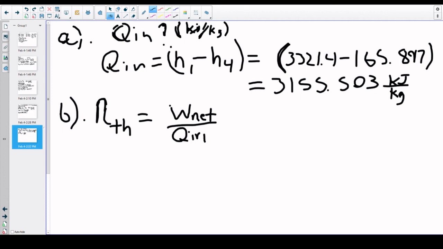The net work of the cycle is the work of the turbine minus the work of the pump, divided by the heat we had to add in. So what you want over what you had to put in, which in this case is H1 minus H2 minus the quantity H4 minus H3, divided by our 3155.5 kilojoules per kilogram.